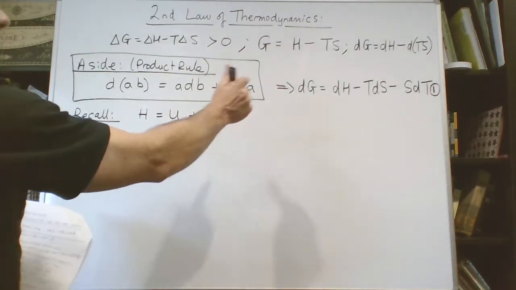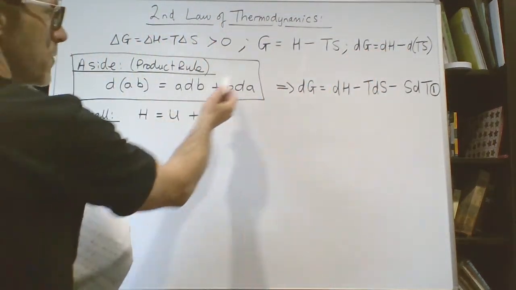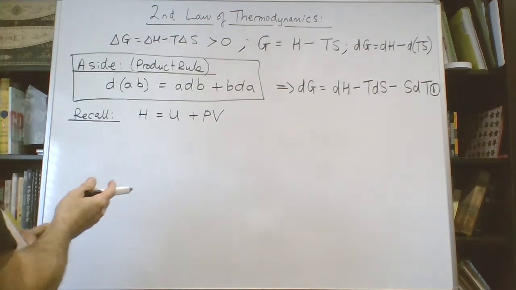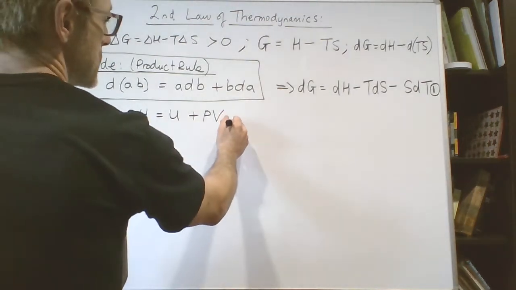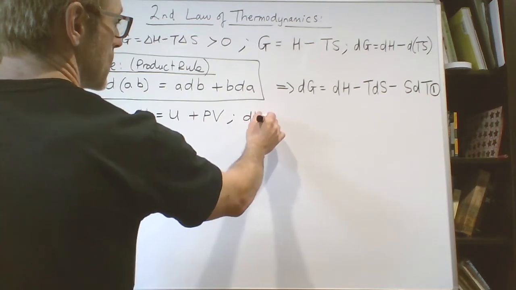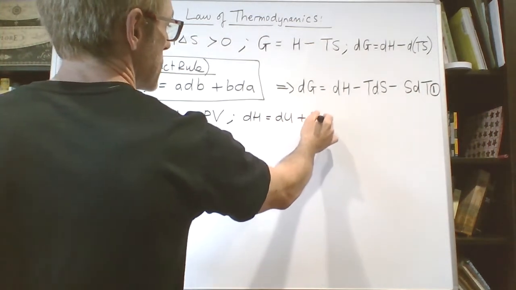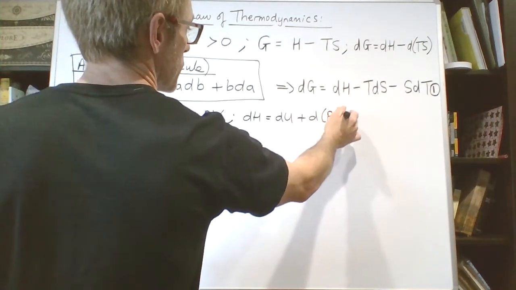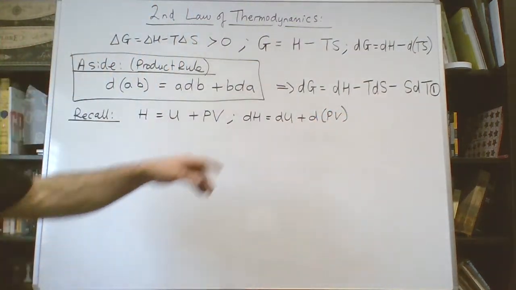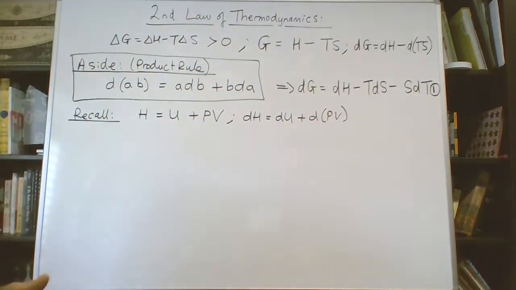If we apply these as we've done here, notice that this equation is almost identical to this equation. We would have dH is dU plus d(PV). Again we have a product, so we're going to apply the product rule.